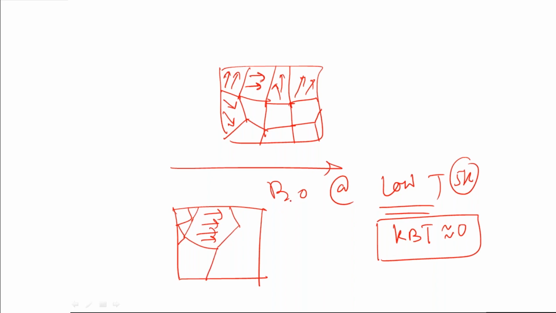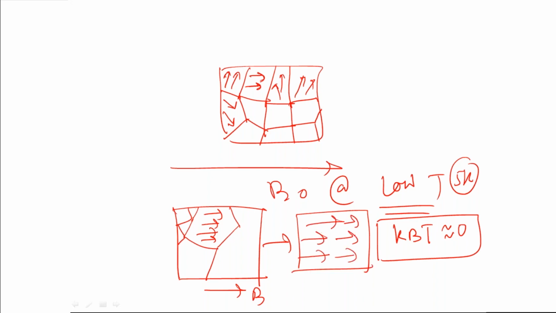At a certain point, when you apply a very large field, all the domains will merge together. If you further increase the field, all the domains merge together, giving rise to magnetic dipole moments in the same direction as the field.